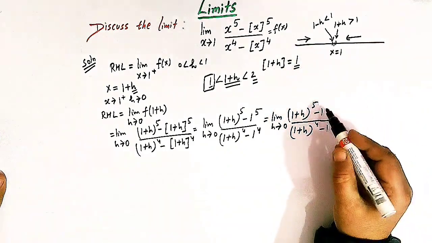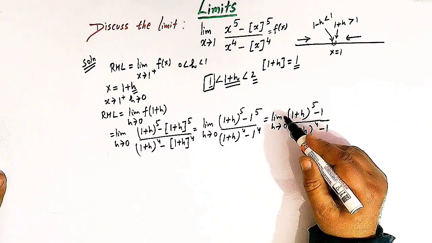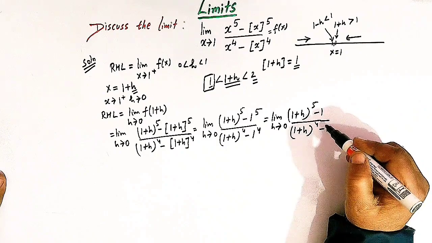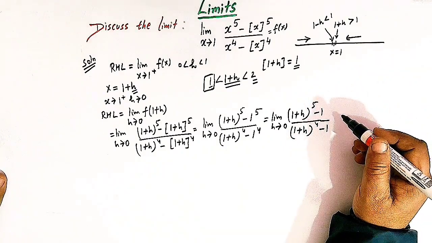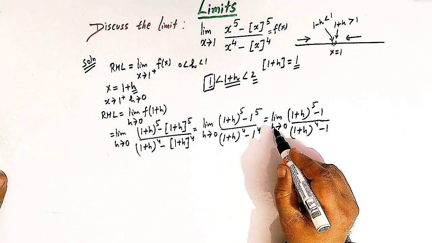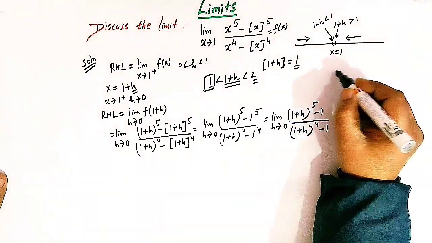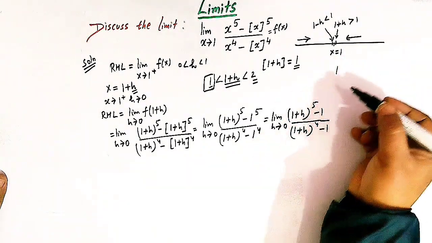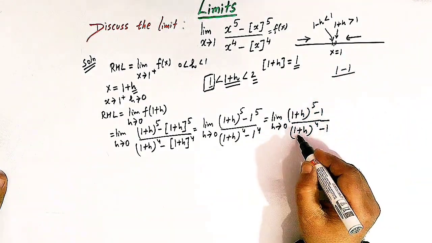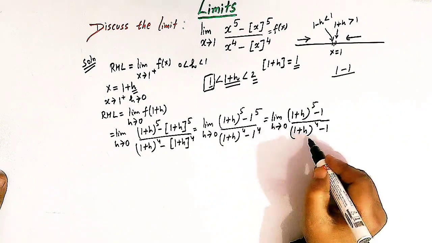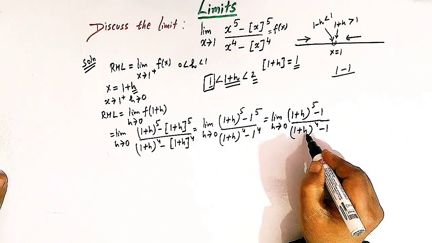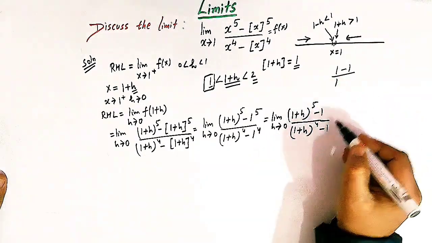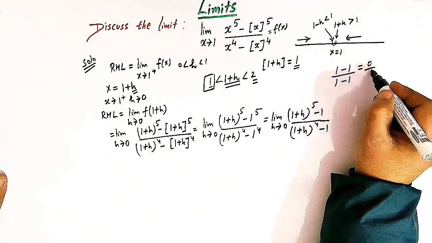Now, to solve this limit we have a variety of methods, but here we'll make use of the famous L'Hopital's rule. Because when we take h equal to 0 in the numerator, we have 1 plus 0 is 1, 1 raised to 5 is 1, so we have 1 minus 1, and in the denominator, 1 plus 0 is 1, 1 raised to 4 is 1, minus 1, so this is 0 over 0, right?